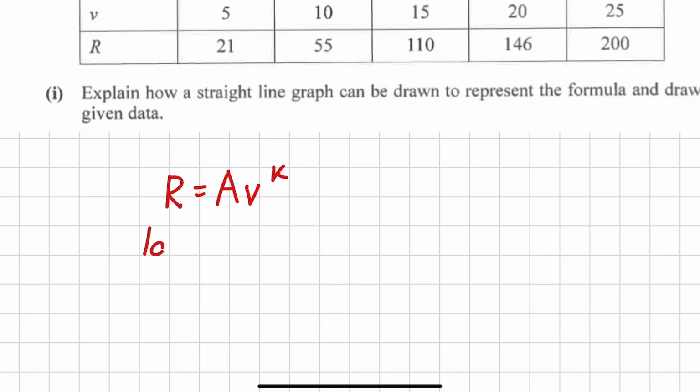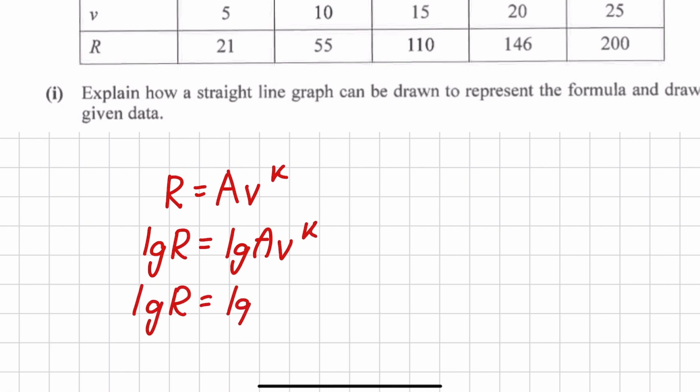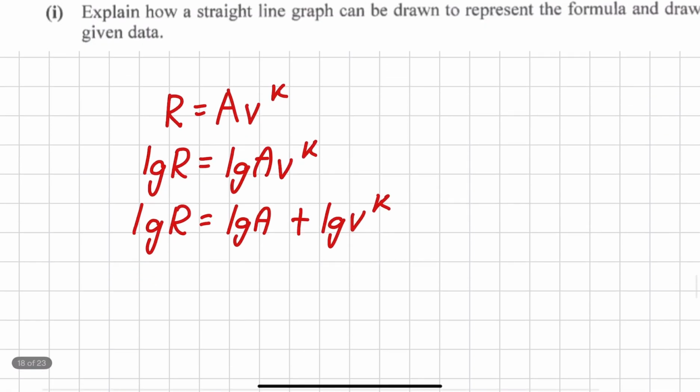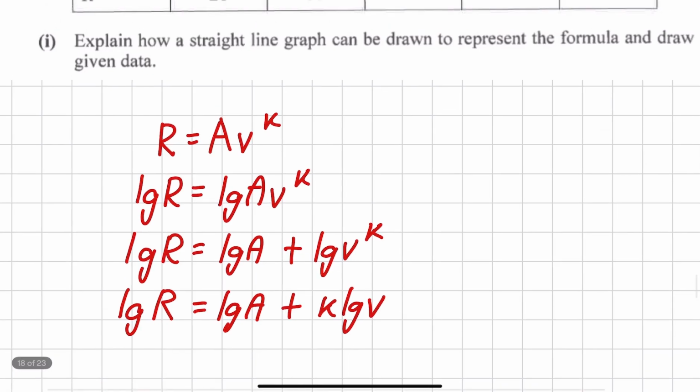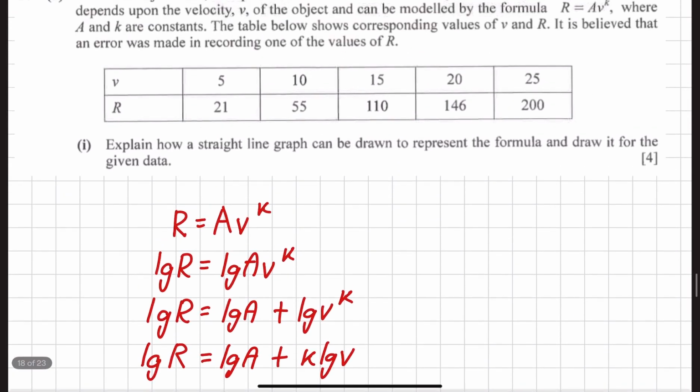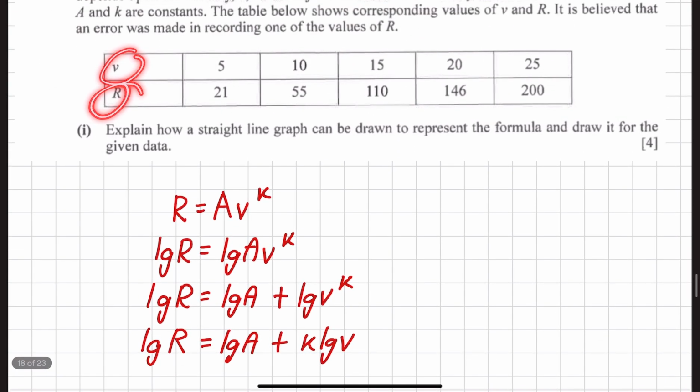I will get log R equals log A V power K. By laws of logarithms, I can split that apart. This is equal to log A plus log V power K. And by the power law, I can bring the constant K down. This is log A plus K log V. V and R have corresponding values in this table here.